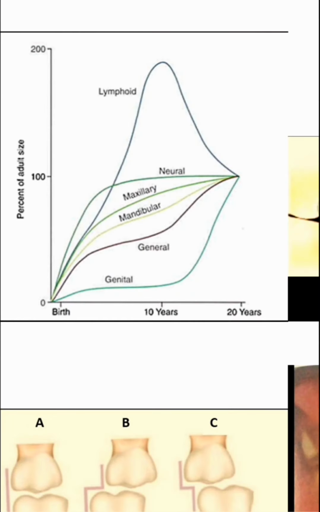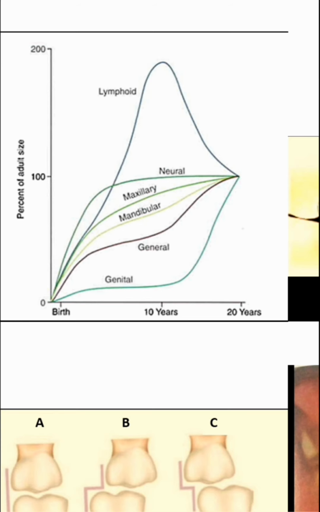Scammon's growth curve. The body tissue can be broadly classified into four types. They are lymphoid tissue, neural tissue, general tissue, and genital tissue. Each of these tissues grow at different times and rates. Lymphoid tissue proliferates rapidly in late childhood and reaches almost 200% of adult size.